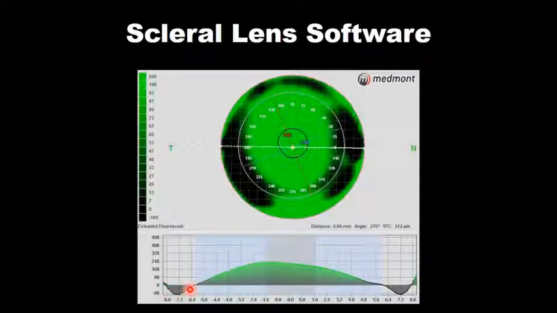Then conversely, along the steep meridian of the eye, what kind of relationship does this lens have with the eye? Are we going to have excessive inferior vault? Are we going to have excessive vault within the pupil that would cause a bubble to form or a loss in visual acuity? Are we going to clear over top of the cone? So all very valuable things that the topographer software can provide.